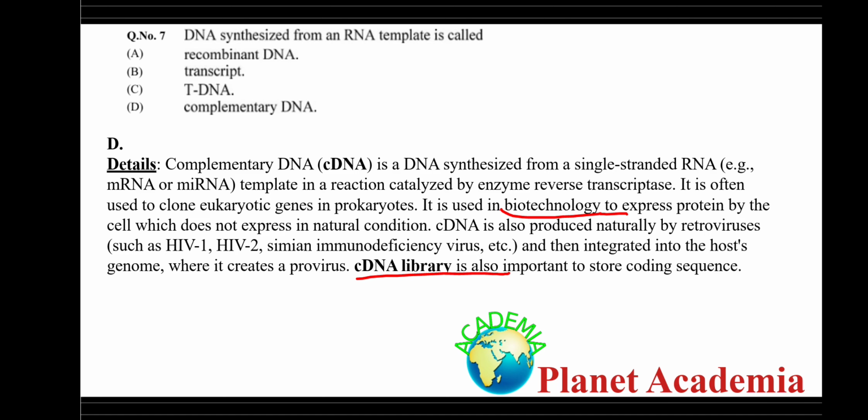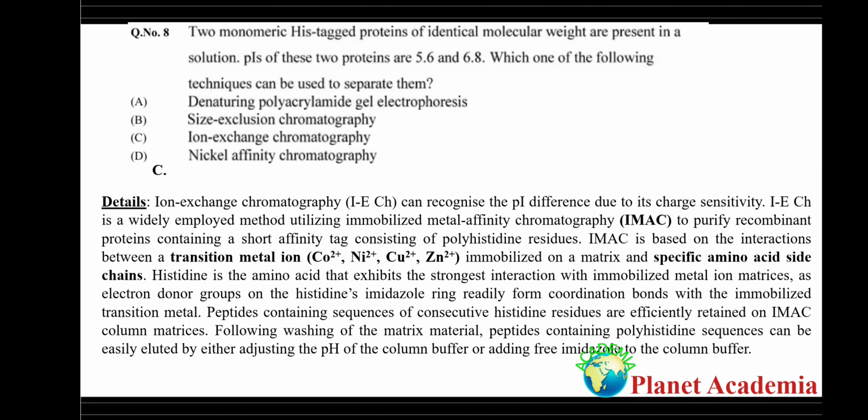Now the next question is, two monomeric his-tagged proteins of identical molecular weight are present in a solution. Two proteins having the same molecular weight, and they have histidine amino acid.